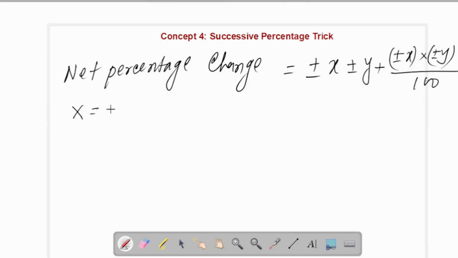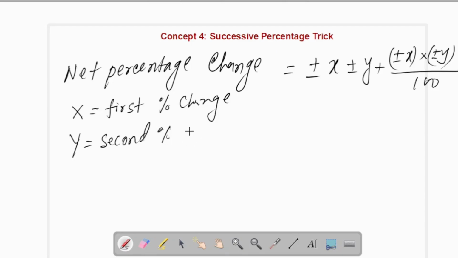Now x is the first percentage change, y is the second percentage change. Here there are two notations, one is plus and one is minus. When the percentage increases we take it as a plus, when the percentage decreases we take it as a minus.